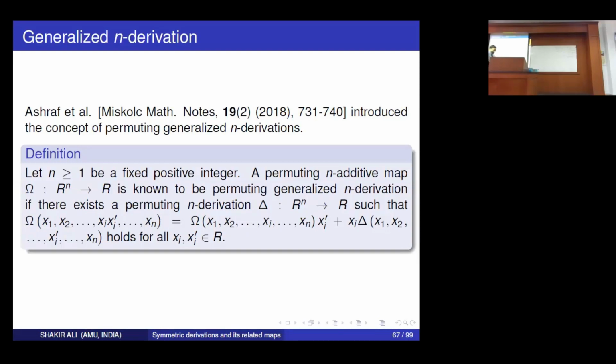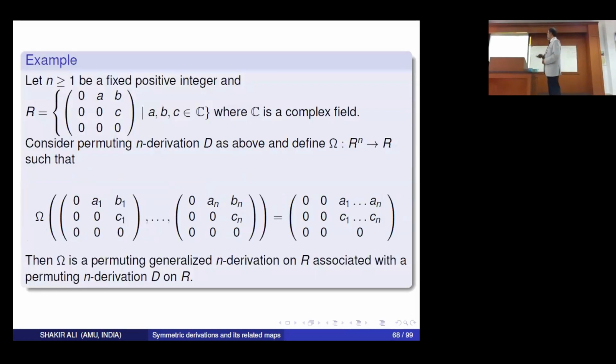That means we need a generalized n-derivation which is not an n-derivation. That makes sense to study the behavior of generalized n-derivations. So this is the example, on R, and there is sigma considered like this.